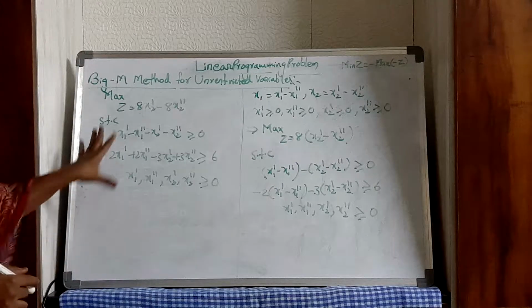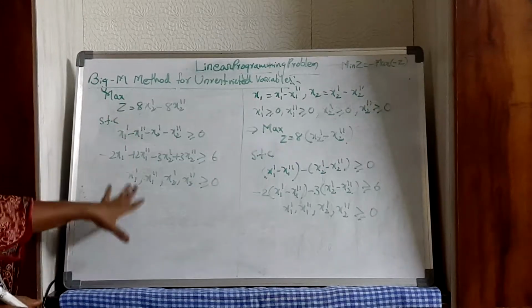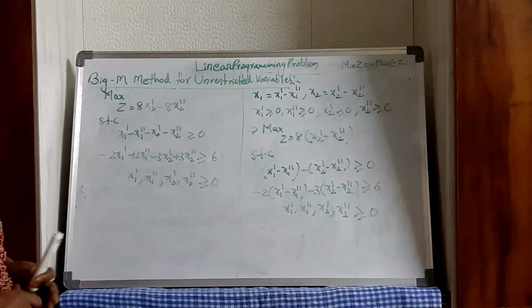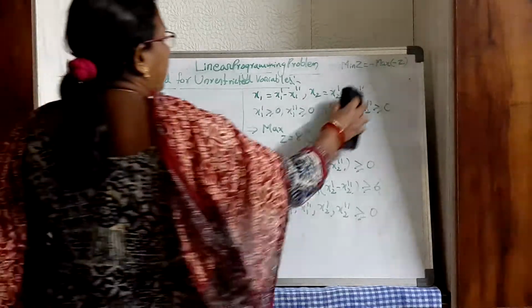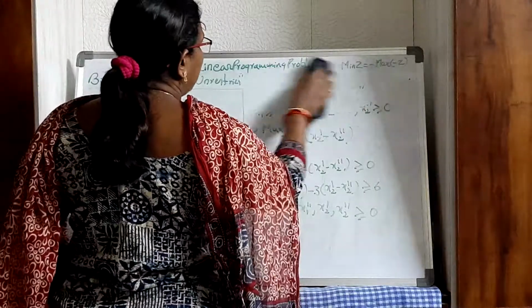Okay. Now this is the LPP you got, where variables are also non-negative and all bi's are positive. Now I will write the standard form of that LPP.